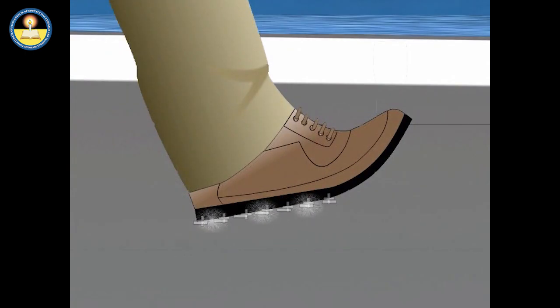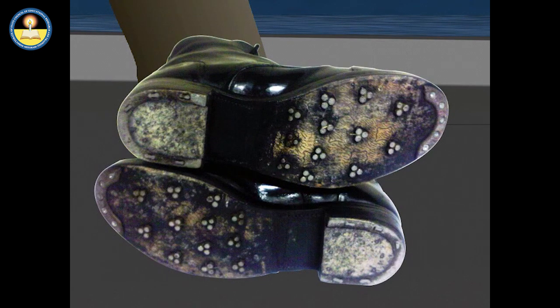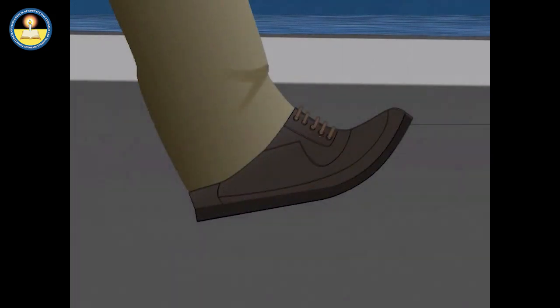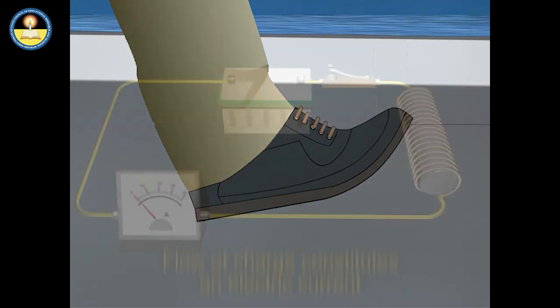As he walks, an opposite charge is induced on the deck, and sparks appear as a result of two opposite charges in contact with each other. To avoid this condition, the soles of shoes to be used on the decks are provided with a metal plate under them, so that the charge does not accumulate on the soles but easily flows out.